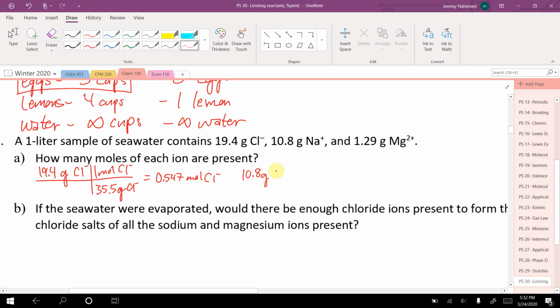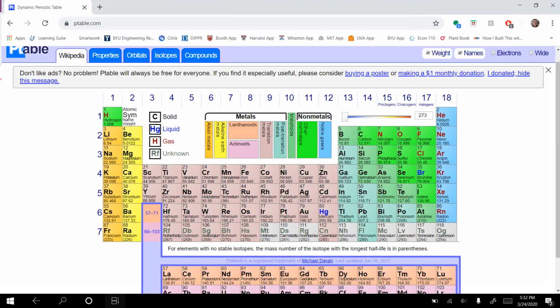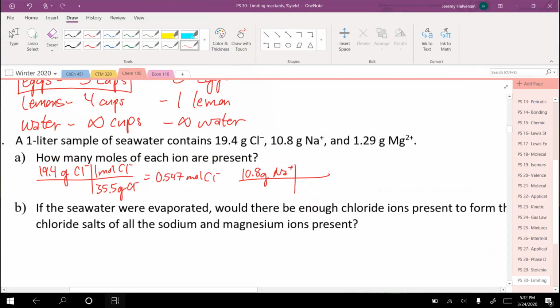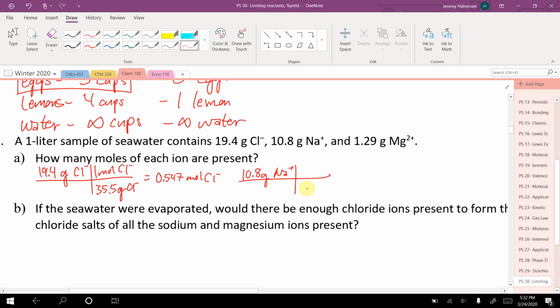10.8 grams sodium plus. Sodium weighs 23. So that's 0.47 moles of Na plus.